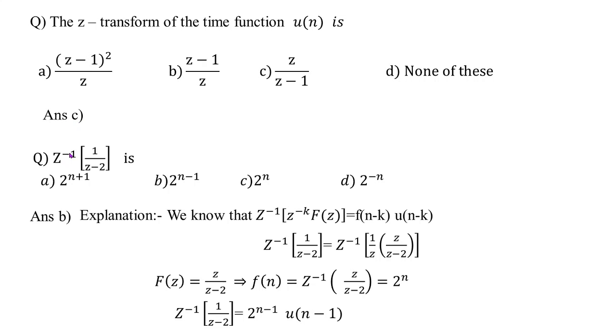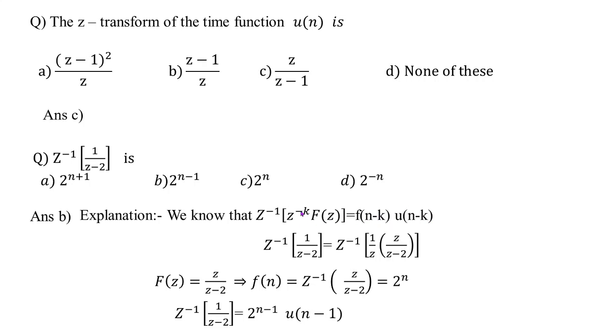Then Z inverse of 1 upon Z minus 2 is. Here the inverse of such a function is asked. Whenever we come across such evaluations, where we cannot get the inverse Z transform from a list of formulae, we have to make use of a property of Z transform, which can be written for the inverse Z transform like this: the inverse Z transform of Z to the power minus k into F of z is f of n minus k into u of n minus k, right?